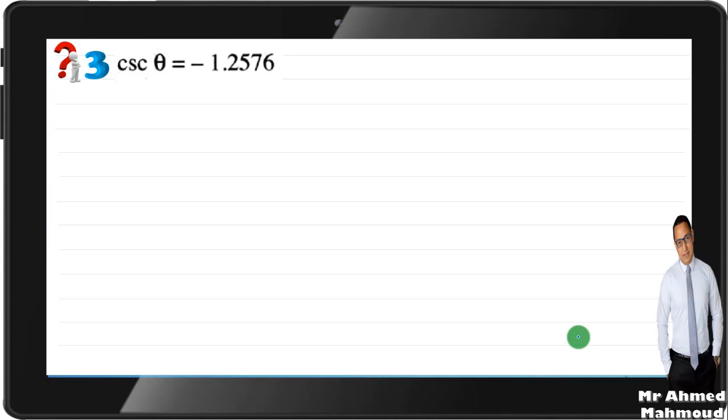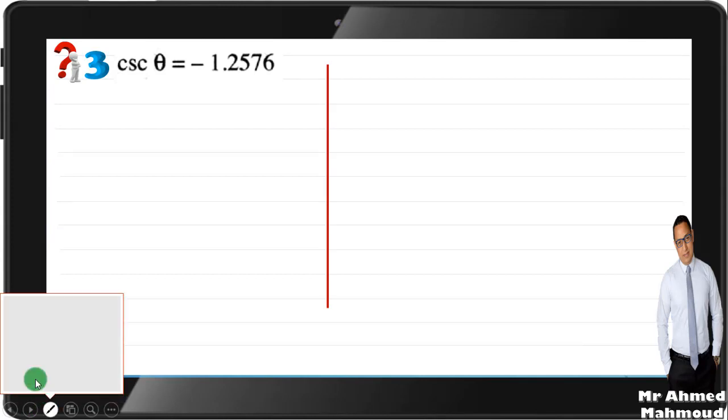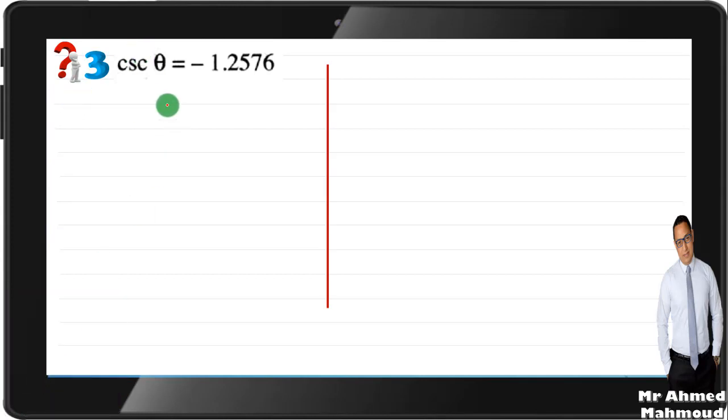Now, cosec theta equal negative 1.2576. First I will start with shift cosec, but there isn't shift cosec, so I will write shift sine and write power negative 1.